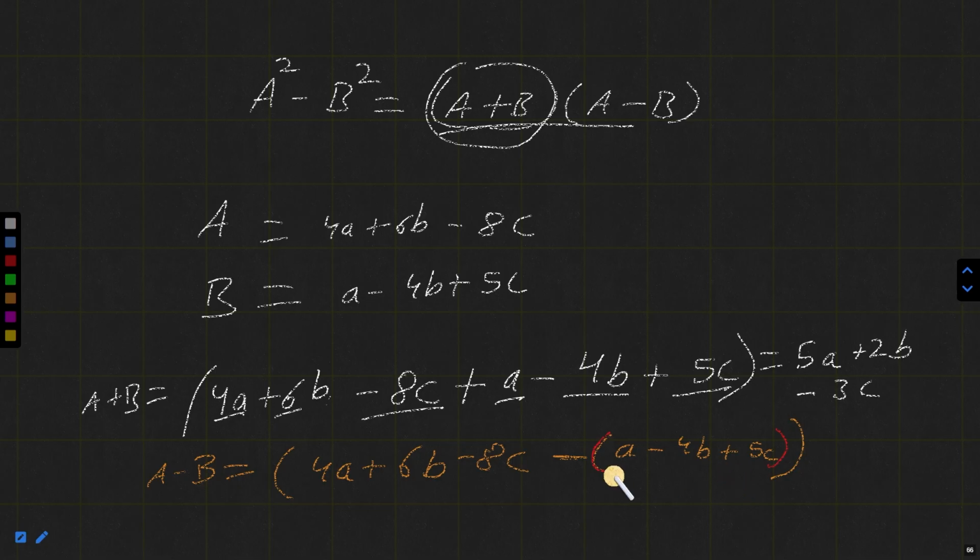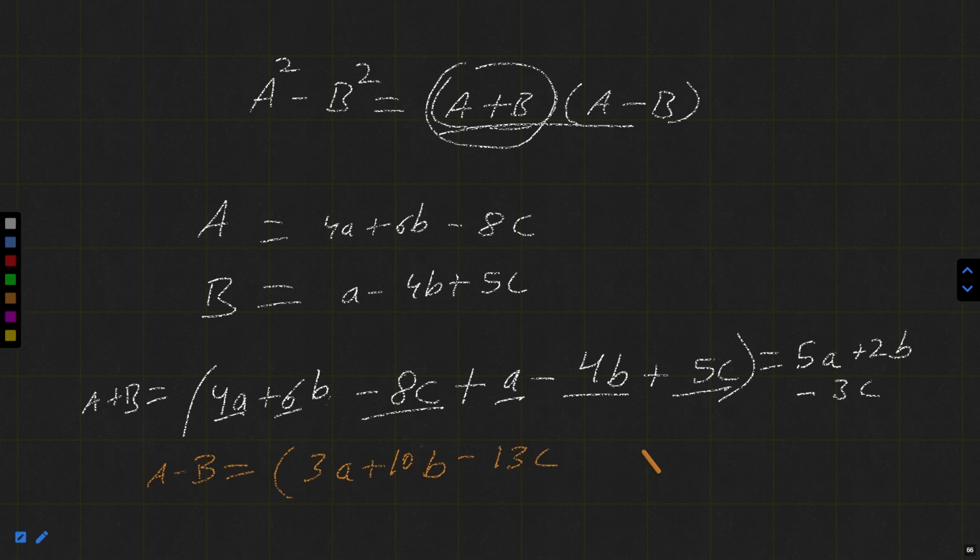So let's remove the bracket and change the signs: plus to minus, minus to plus, plus to minus. Now just simplify it. 4a minus a will give me just 3a. 6b plus 4b will give me 10b. And minus 8c minus 5c will give me minus 13c.